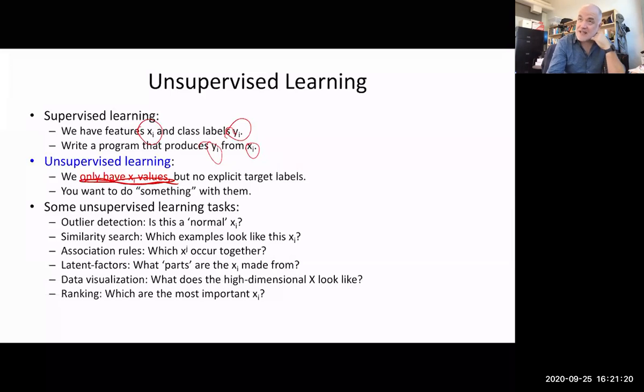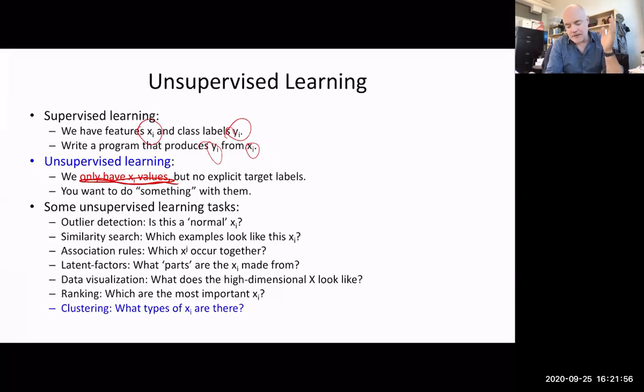You might want to take a really high dimensional vector space and visualize it in a way that gives you additional information. So what does my high dimensional X look like? This is sort of like when we're doing the scatter plot array thing, you want to look at your data, you might want some other richer kind of visualization tool to look at your data before you start doing machine learning. You might want to rank your x's, like which is the most important one. Well, the one we're going to talk about is what types of xi are there. So let's come up with a classification automatically for these xi's.